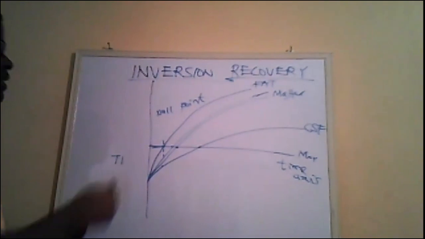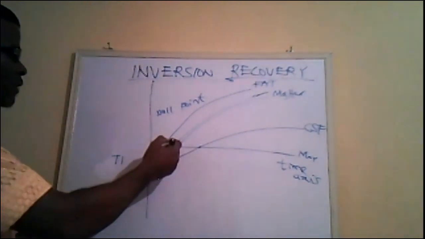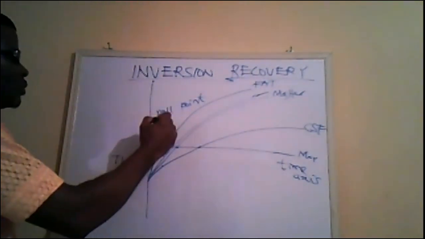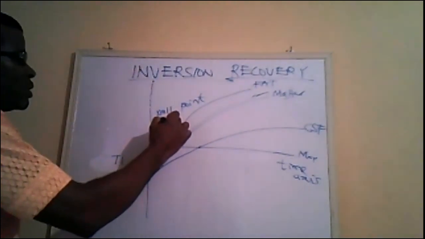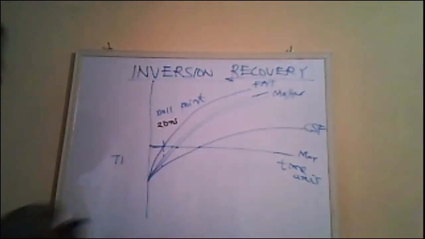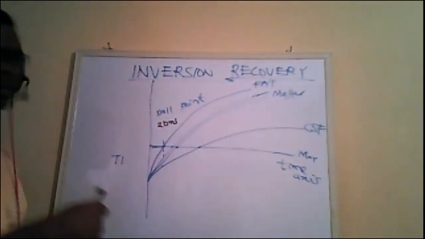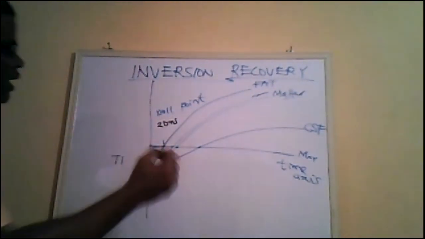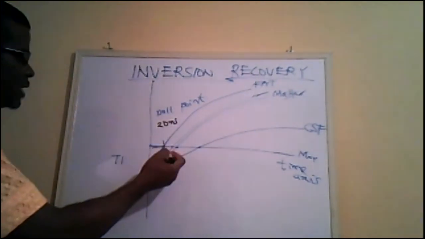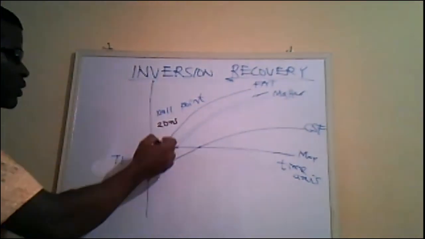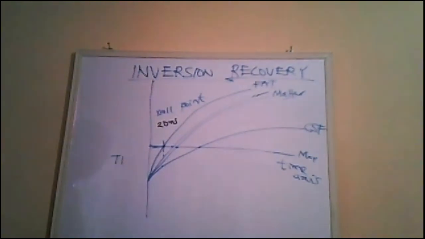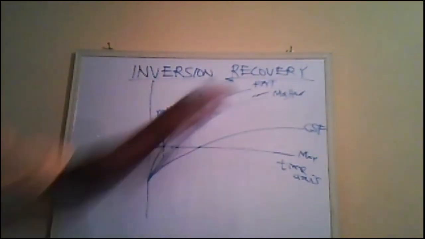If it is fat, let's say the null point of fat occurs at maybe 20 milliseconds. It means that if we apply a 90-degree pulse after 20 milliseconds, there won't be any contribution coming from fat.